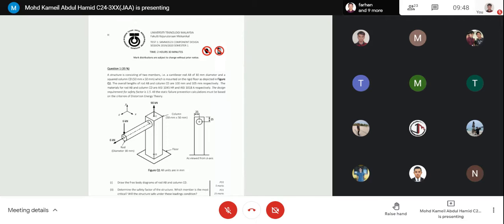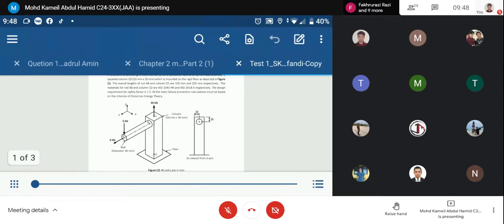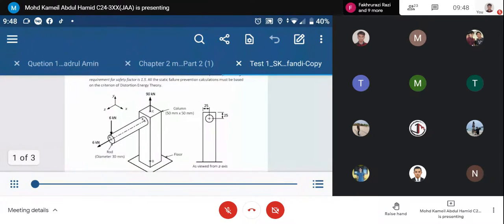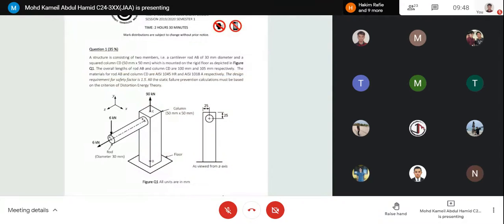Look at the question, okay? Draw the free body diagram of rod AB and column CD. Can you try now? Draw the free body diagram of rod AB. Please try to draw the FBD of rod AB. So at support B, what do we need to look at?